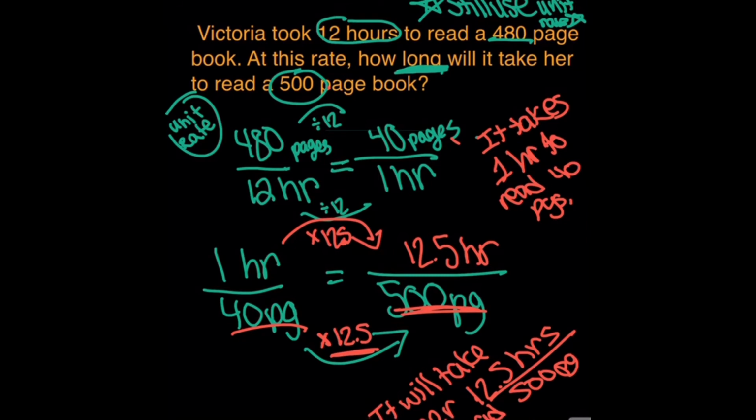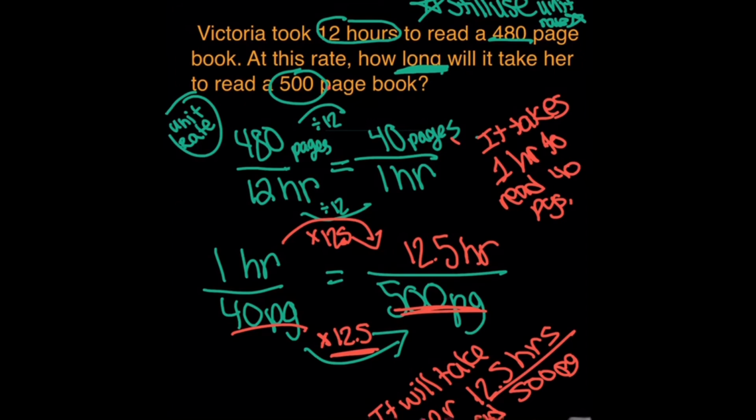Now, this kind of makes sense because I can see 480 and 500 are pretty close to each other, so it shouldn't be like 50 hours. It still should be around 12. And this is 12.5, so we know we did something right.